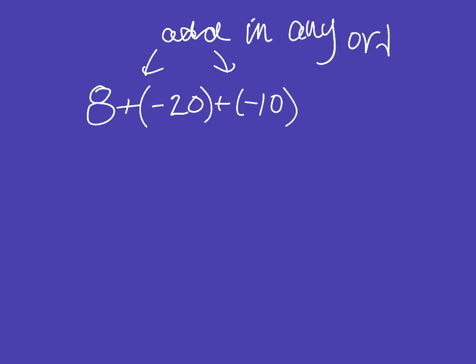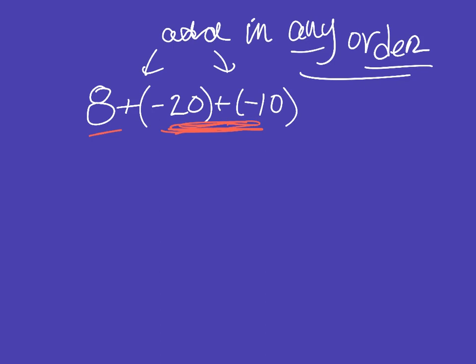Now, if I were subtracting here, I wouldn't be able to do it, but I know that I can add in any order. So what I'd like to do is to add together my two negatives. When we add multiple numbers that are positives and negatives, it makes our world a whole lot easier if we add together all the negatives and the positives. In this case, we only have one positive, and then add the answers to both.